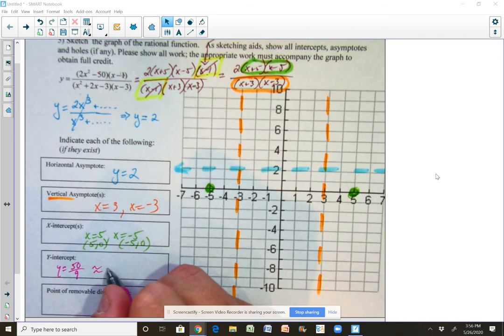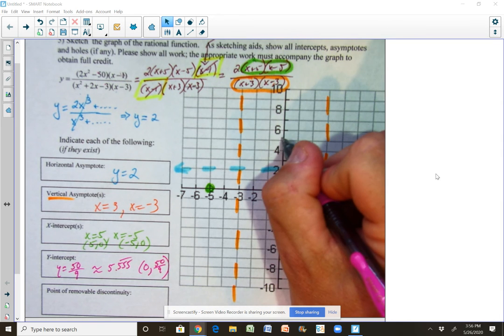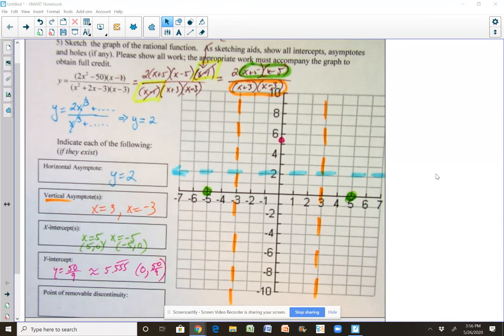That's about 5.555 repeating. So this is like (0, 50/9). There's your y-intercept. So 5 point a little bit. Here's 5 in the middle there, 5.5. That's about where the y-intercept is, roughly. Okay? So we've got pretty much all the information solved.